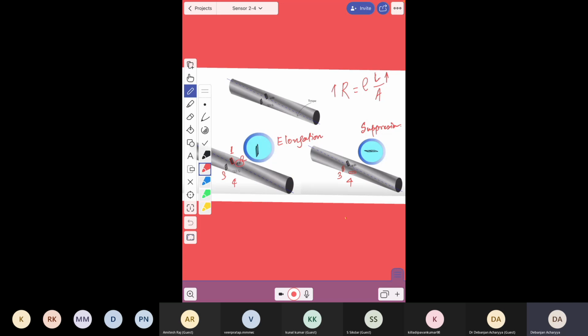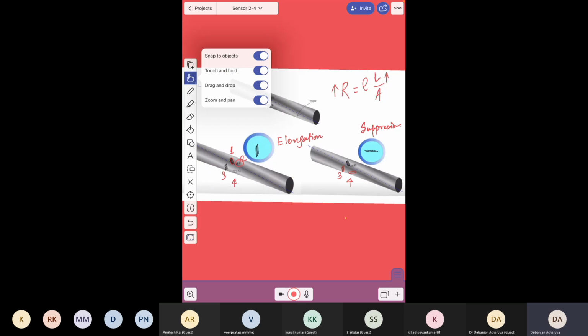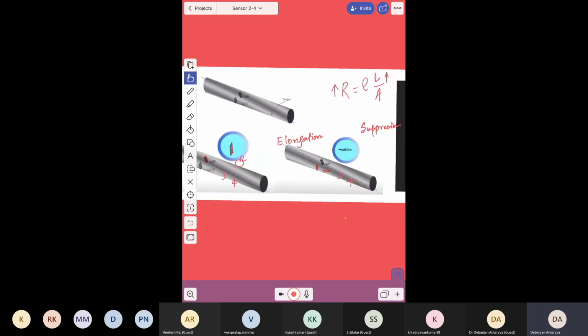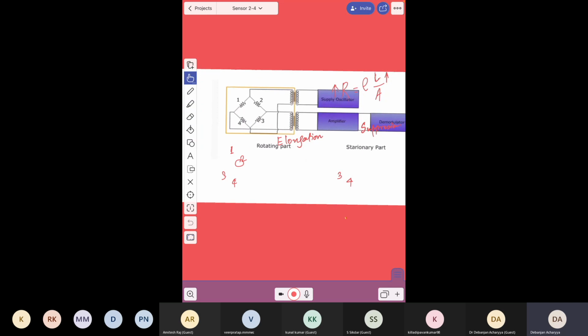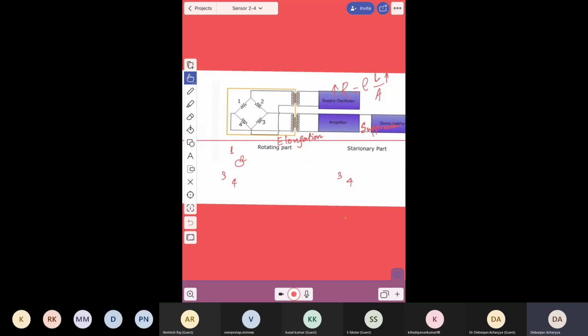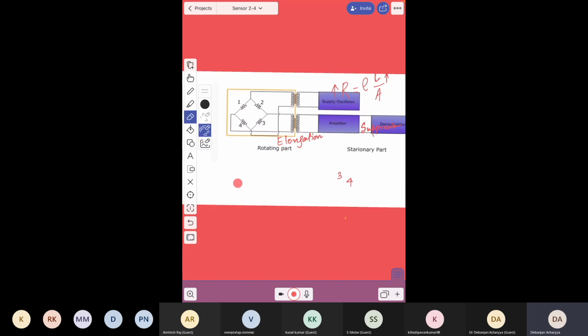Now in the bridge arrangement, if your bridge is balanced, then due to the torque, elongation and compression happen to these strain gauges.